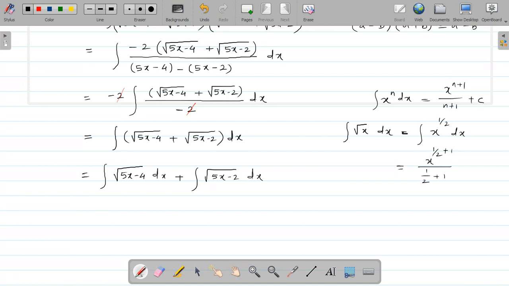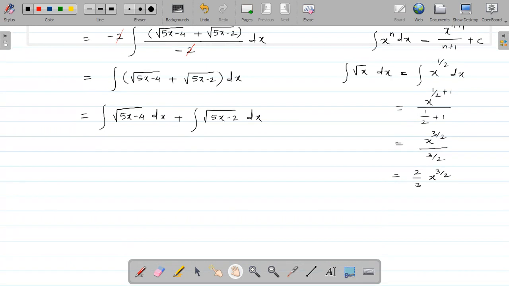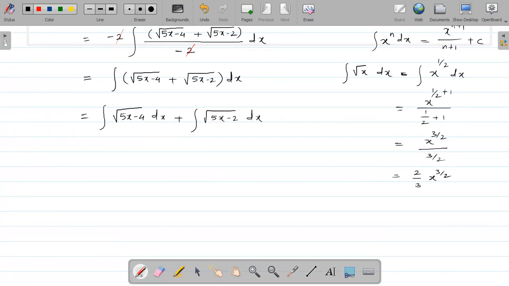Similarly, here it is x raised to 1 by 2. So you will get x raised to 1 by 2 plus 1, that is x raised to 3 by 2, upon 1 by 2 plus 1 means 3 by 2, or you can write it as 2 by 3 into x raised to 3 by 2. So this is the integration of root x. Okay, now here it is root of 5x minus 4. Then how will you integrate?